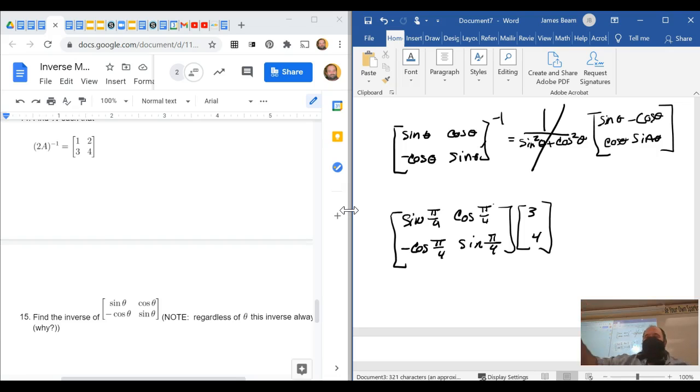And then if I use the inverse, it rotates 3, 4 clockwise. So it's a rotation this way versus a rotation that way. So kind of interesting stuff there.